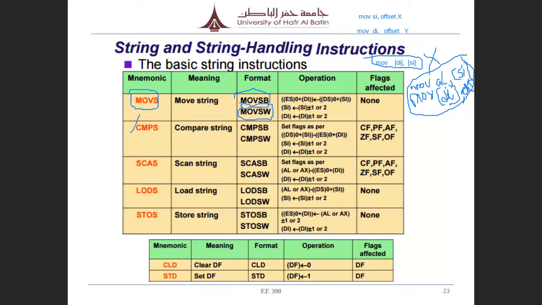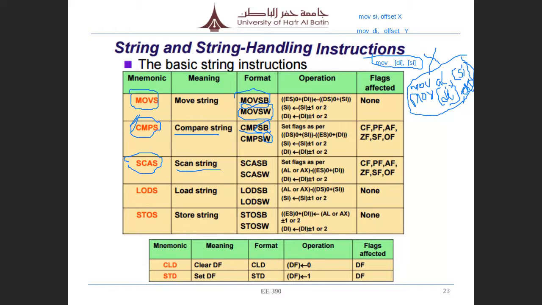Then compare, there is another instruction. CMPS, we know CMP is compare, S for string. So compare string, and we can also do it as a byte, B for byte, and W for word. And what about SCAS? It is scan string.